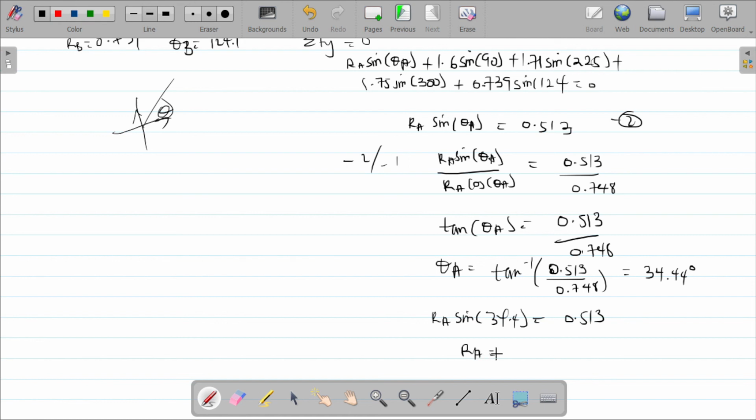So RA will be equal to 0.513 over sine 34.44. That gives us 0.91 kilogram meter.